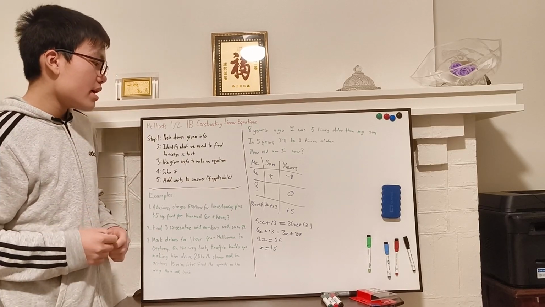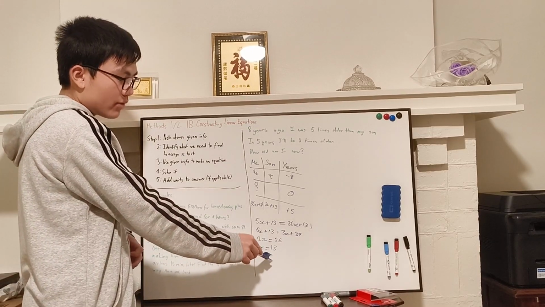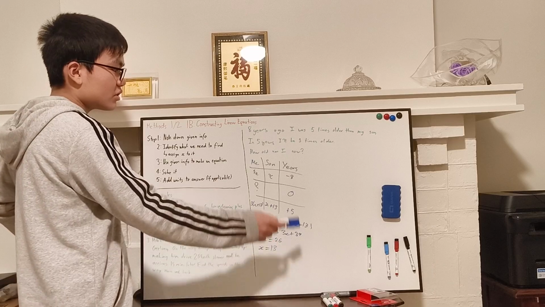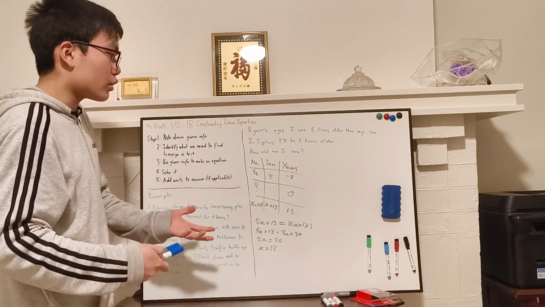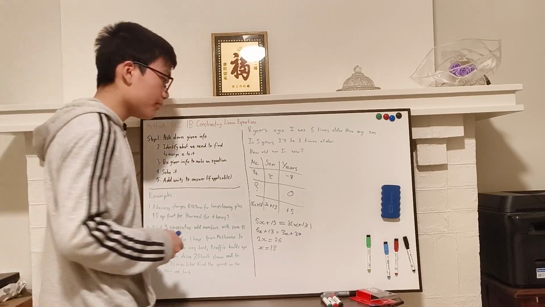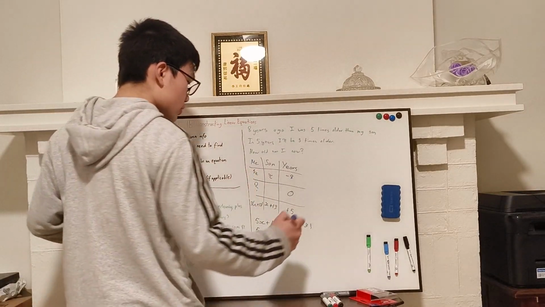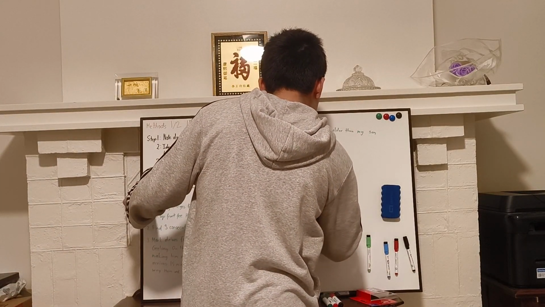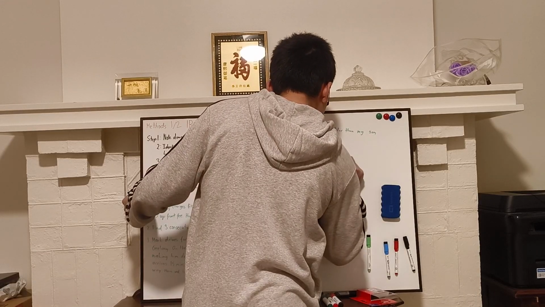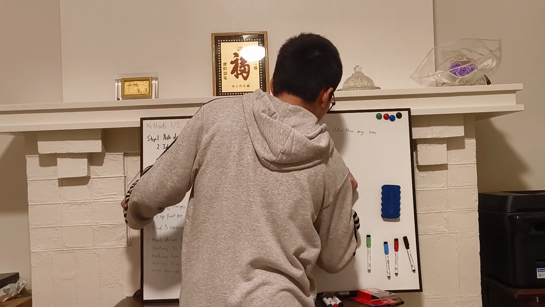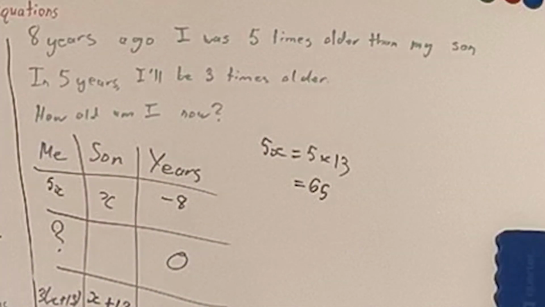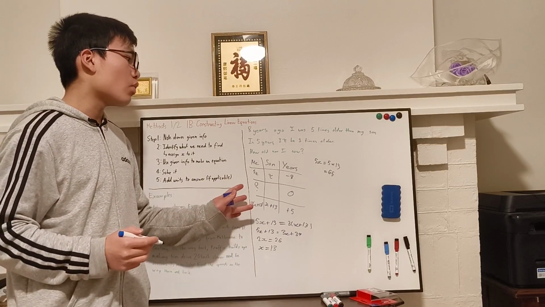What we do now is we substitute this x equaling 13 into 5x here. So how old the adult was 8 years ago. So 8 years ago he was 5x, so 5x equals 5 times 13, which is equal to 65. So 8 years ago, he was 65 years old.